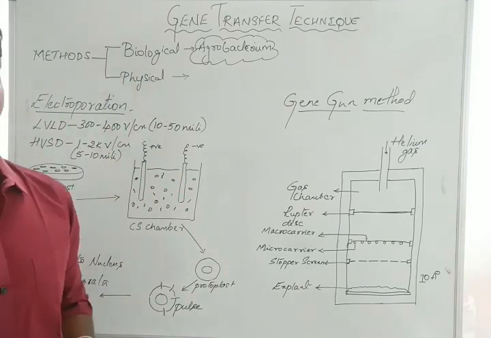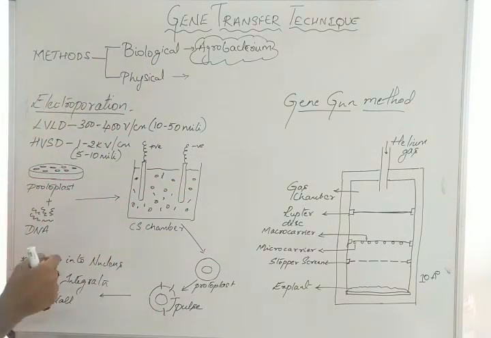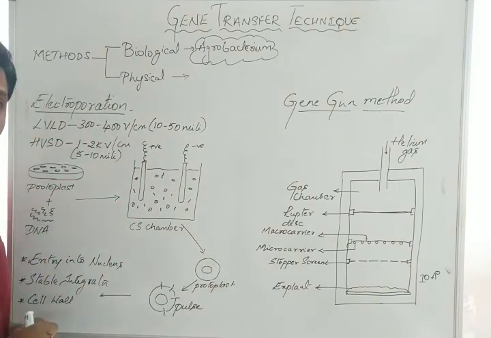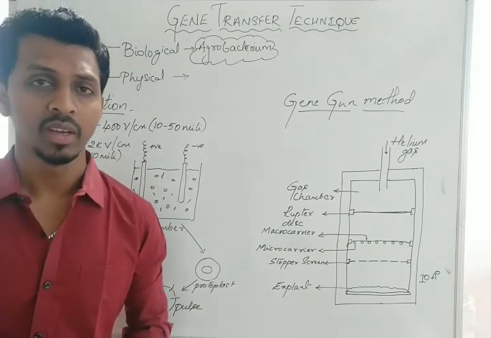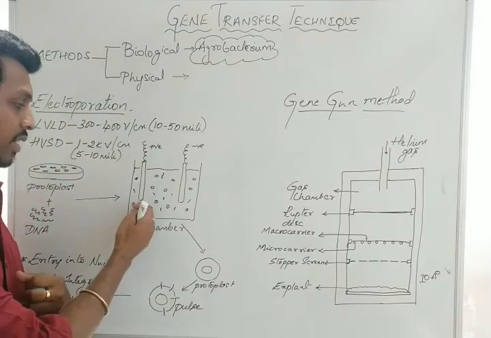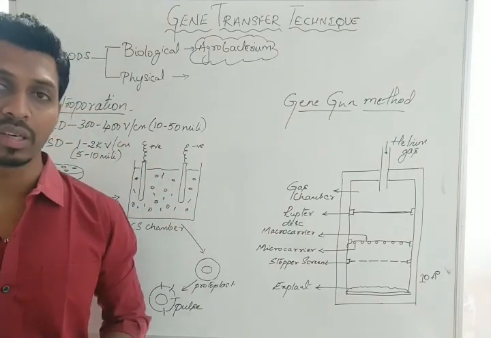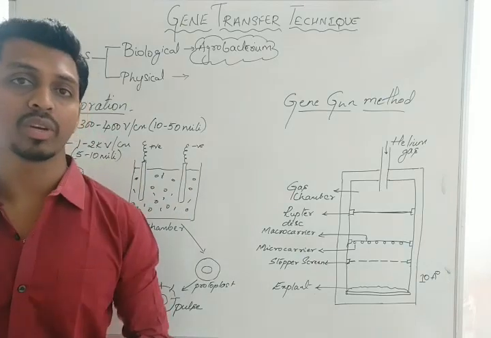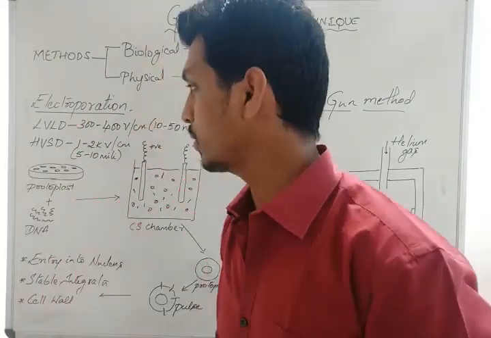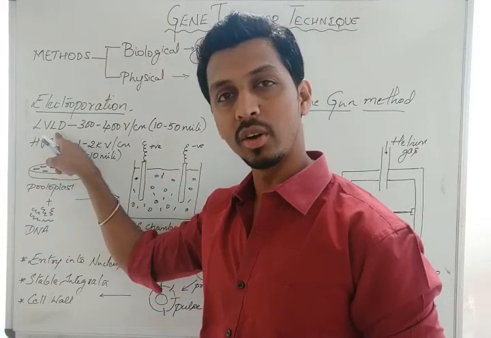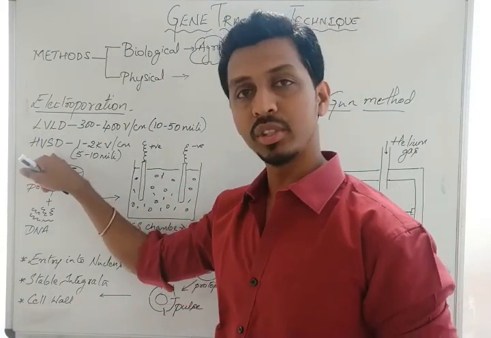What is the next step? Once we have the protoplast as well as the DNA, we introduce them into the cell suspension chamber. This chamber has a positive electrode and a negative electrode, and we have two important methods: low voltage, long duration, and high voltage, short duration.